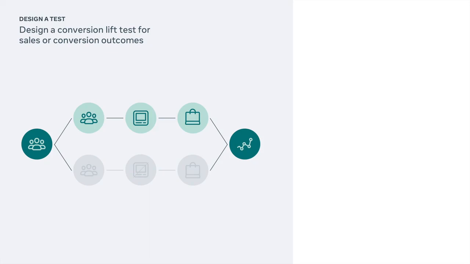People in the test group have the chance to see an ad, whereas people in the control group don't. After the campaign ends, you can evaluate whether the group that saw the ad took action and therefore converted more than a group that didn't see it. The degree to which they did or didn't convert is the measure of how much the ad influenced conversions.